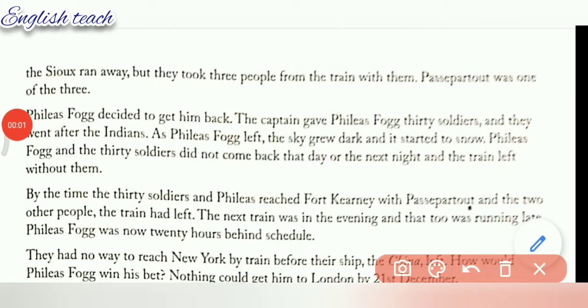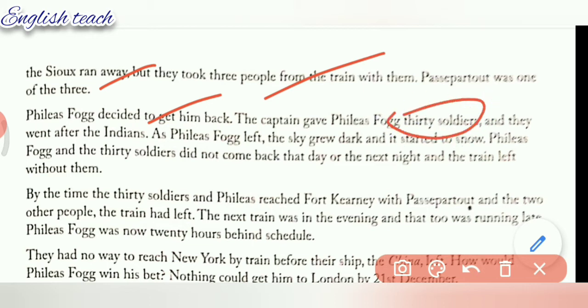So Indians ran away, but they took 3 people from the train, and Passepartout was one of the 3. And Phileas Fogg decided to get him back. The captain gave Fogg 30 soldiers, and they went after the Indians.